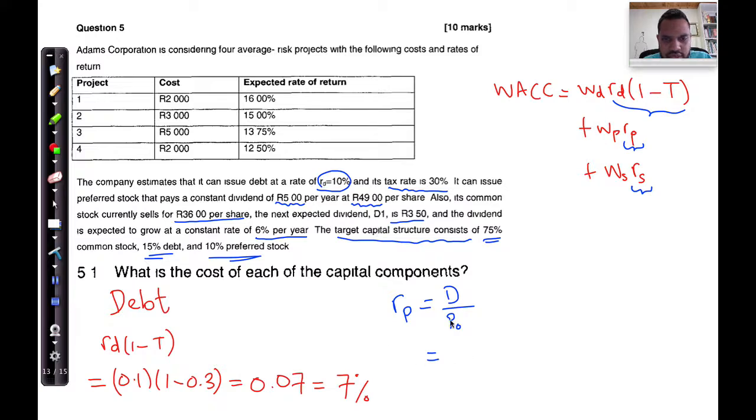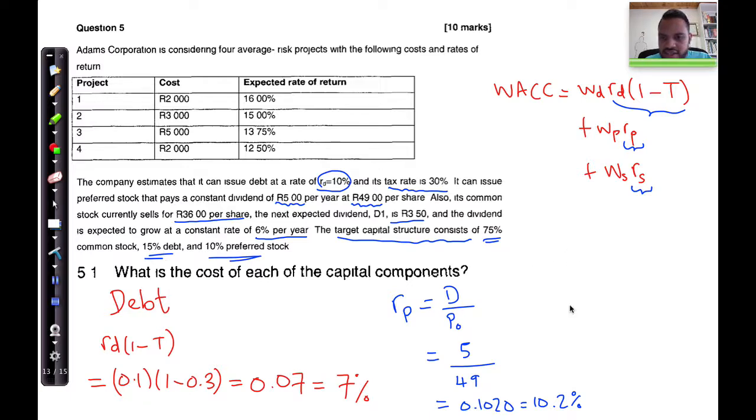That's going to be 5 rand divided by 49, and let's see what that results in. 5 divided by 49 gives us a value of 0.1020, which is 10.2%.